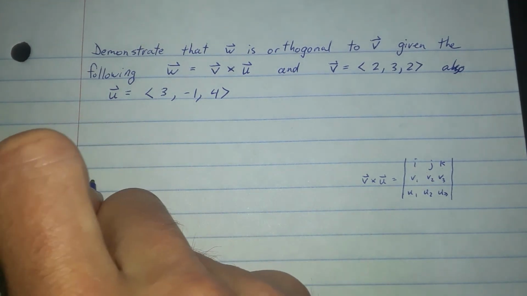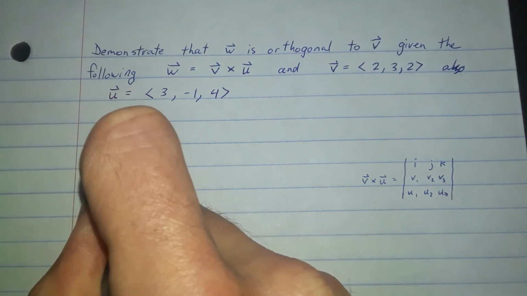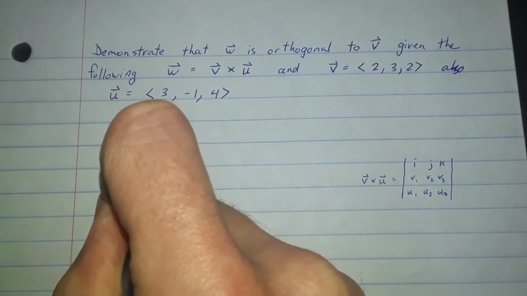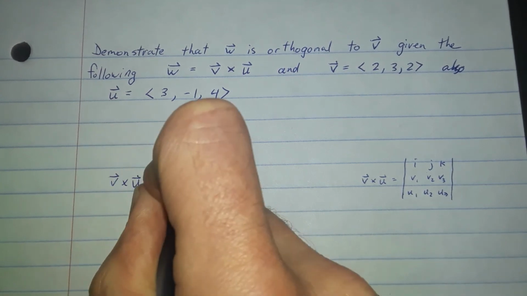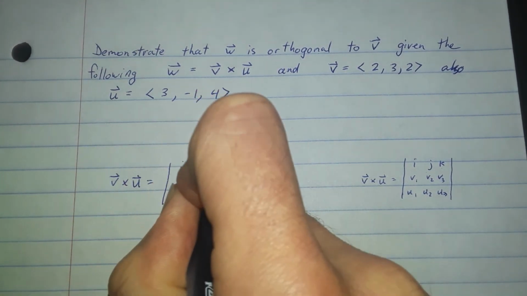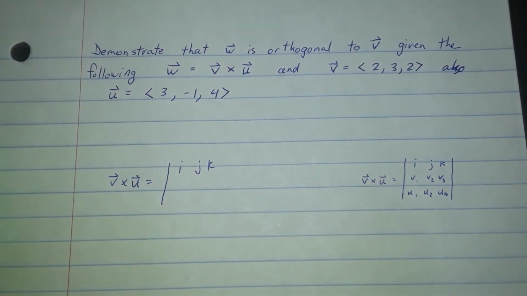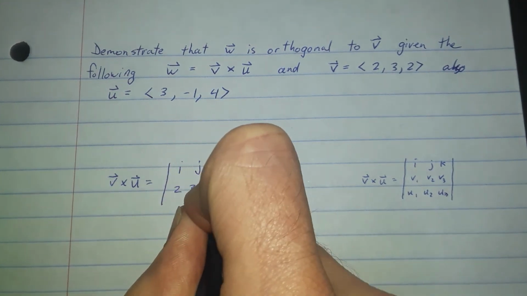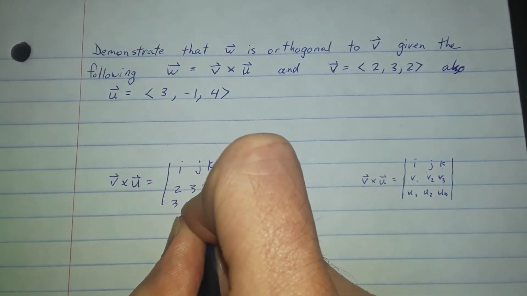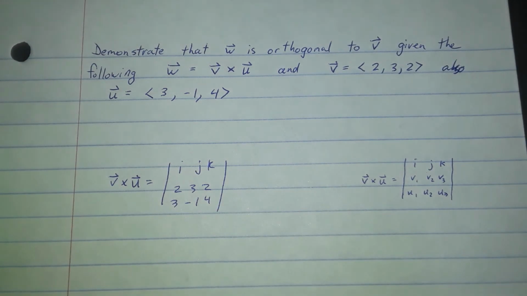So we are going to have vector v cross vector u is going to be equal to the determinant i, j, k, and we want 2, 3, 2, 3, negative 1, 4, there.